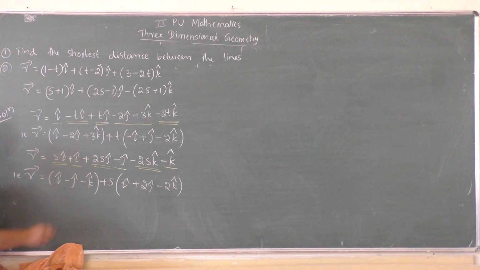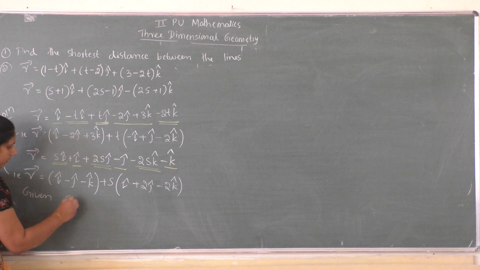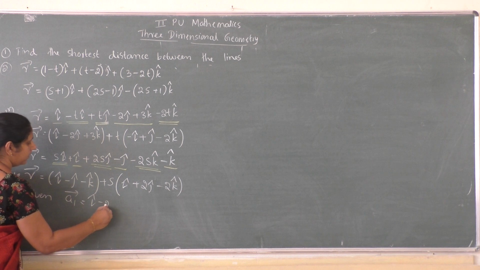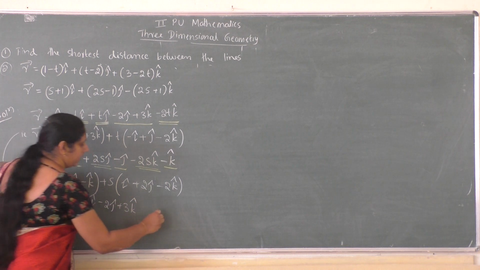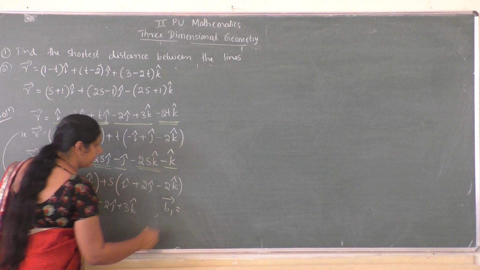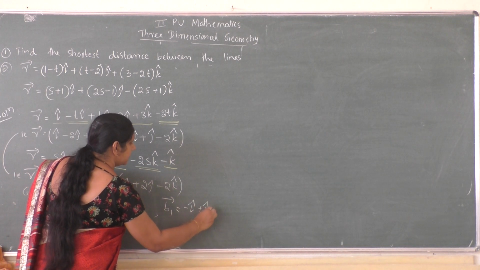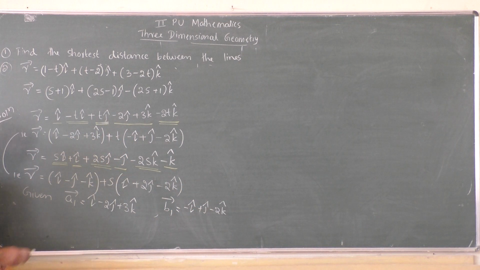Now these two equations are in the standard form, so now you can apply the formula. Therefore, what are the given data? What is vector a1? This one, that is I cap minus 2j cap plus 3k cap. And what is vector b1? This is minus I cap plus j cap minus 2k cap.